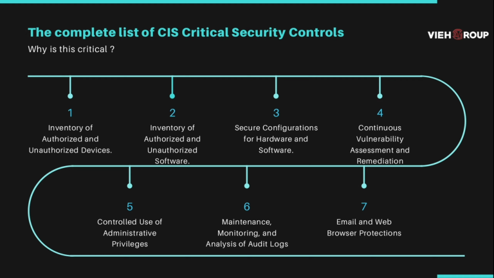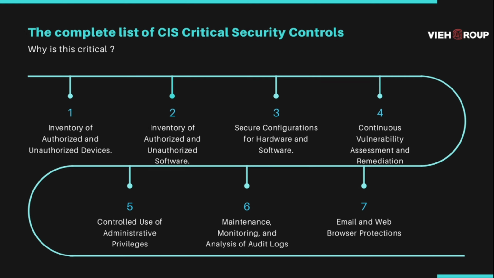The top 20 controls are based on the latest information about common attacks and reflect the combined knowledge of commercial forensic experts, individual penetration testers, and contributors from US government agencies. So let's start from the first point, which is inventory of authorized and unauthorized devices.